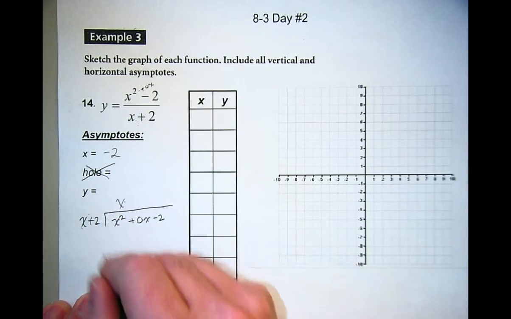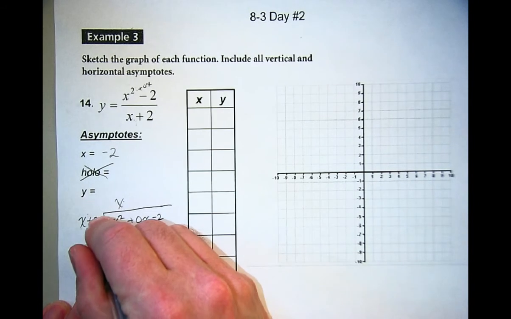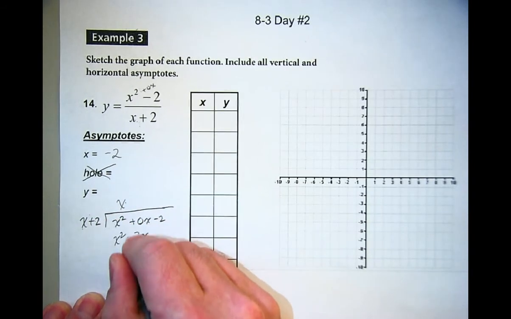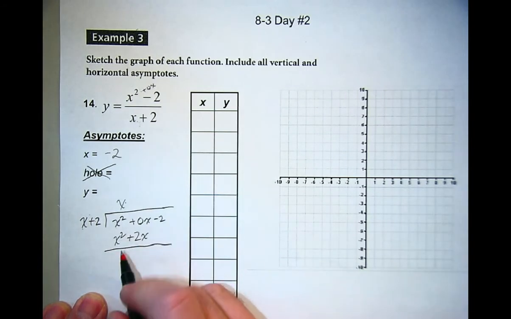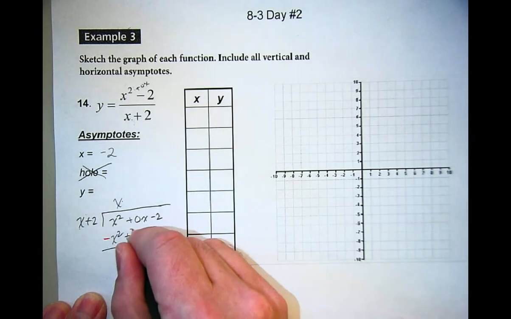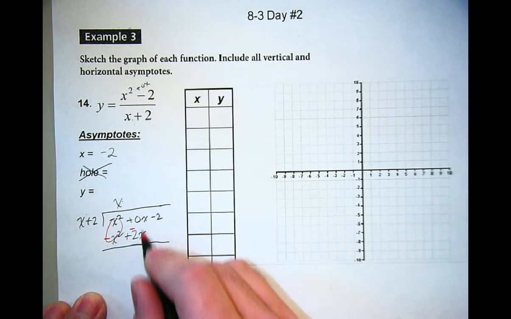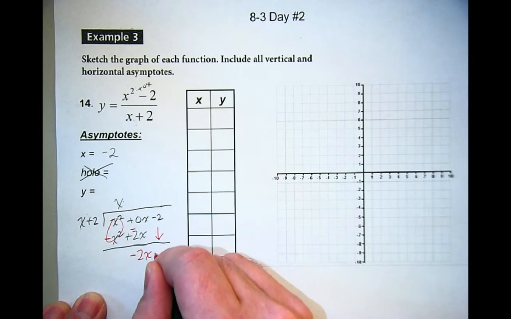X. X times x is x squared. Okay, and then x times 2 is 2x. And it's positive right now. Now remember, what do we have to do right here when we're subtracting? Switch the signs, right? You're subtracting both parts. So subtract that, we subtract this, we get -2x. And you bring down the -2.